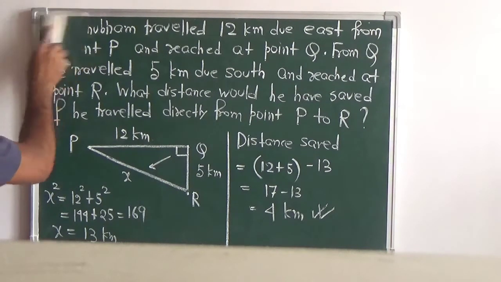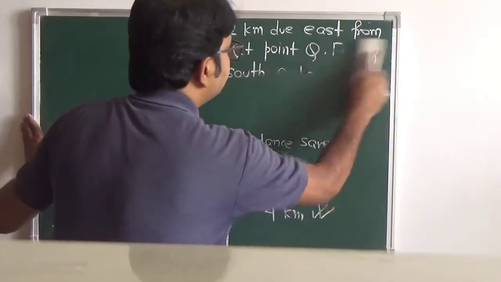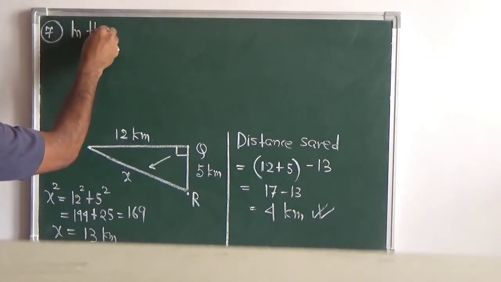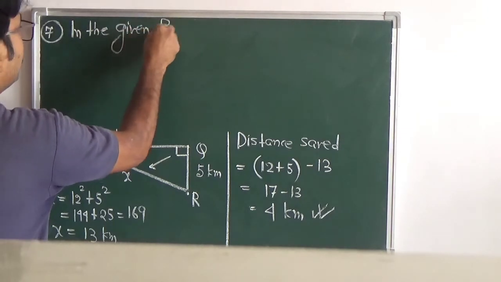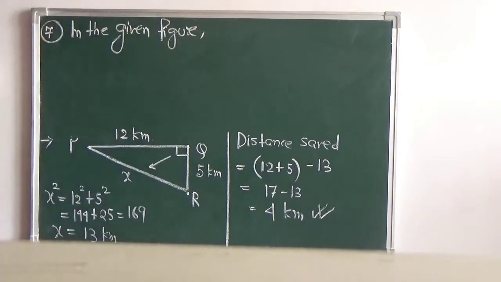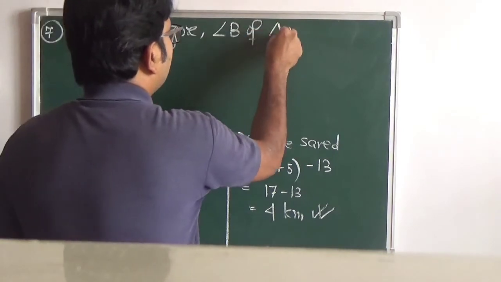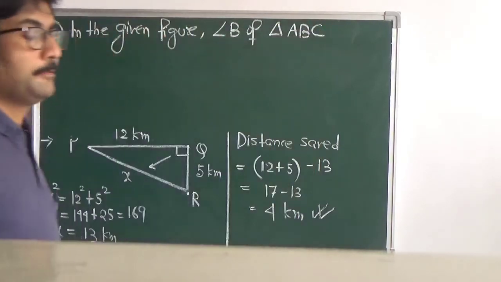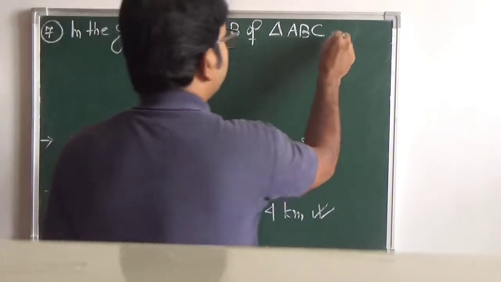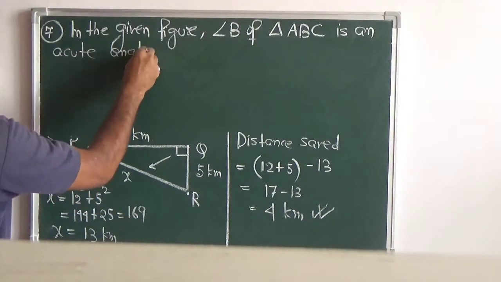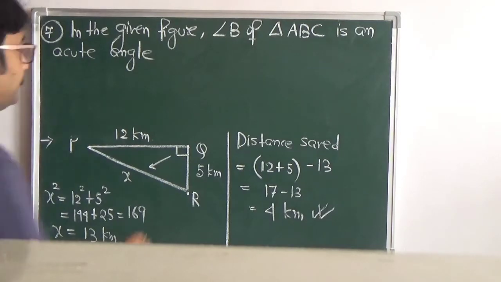So now moving on to question number 7. In the given figure, angle B of triangle ABC is an acute angle, and AD is perpendicular to BC.